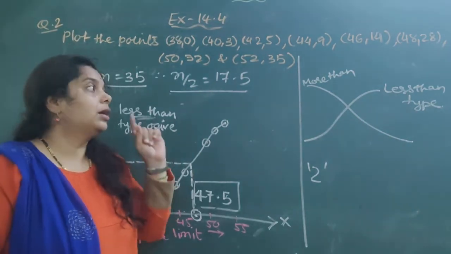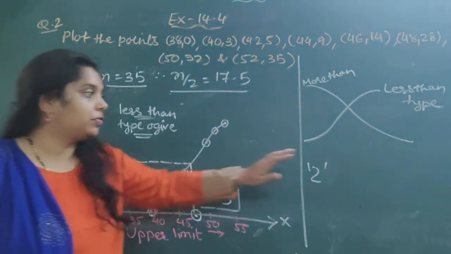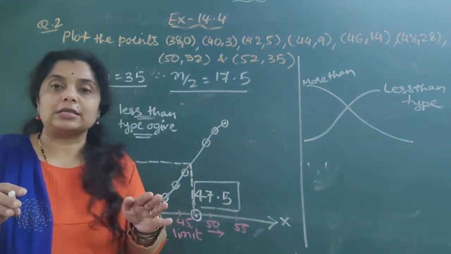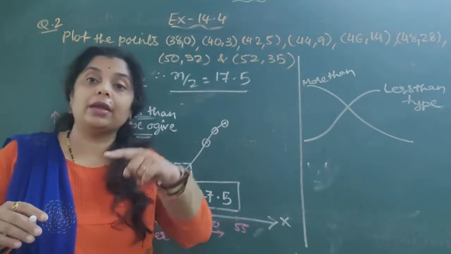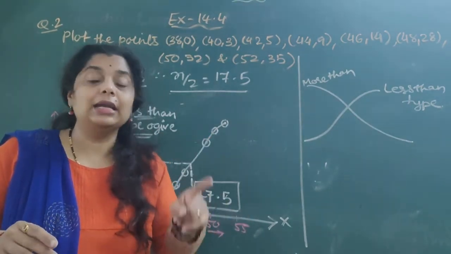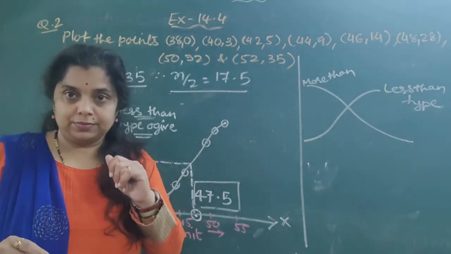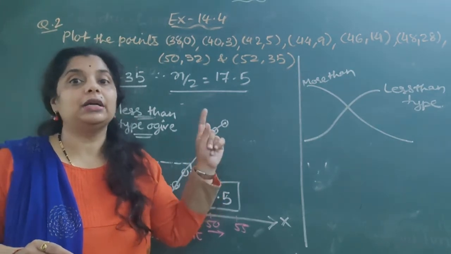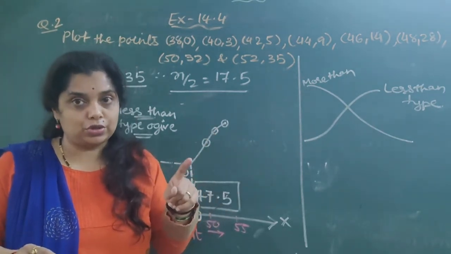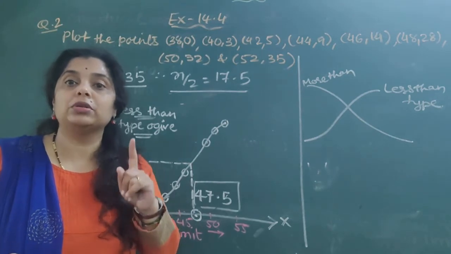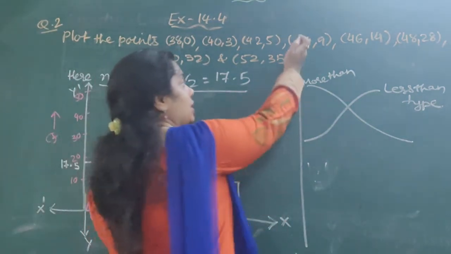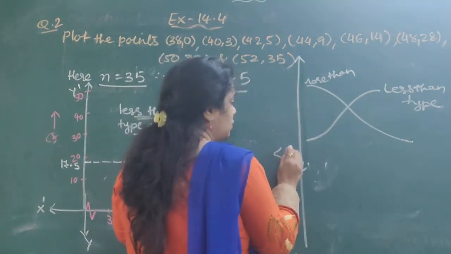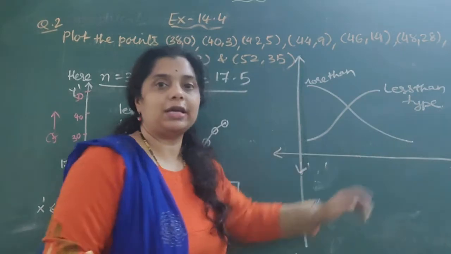Is it clear? Okay. Another thing I want to show you: if distribution data is given and they ask you to plot a more than type and less than type Ojive, and then find the median without using a formula, just by plotting the more than type and less than type Ojive, then how do you do it? As you know, once you draw the more than type and less than type, you will get a curve like this.